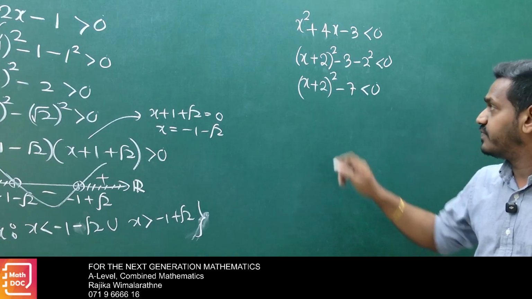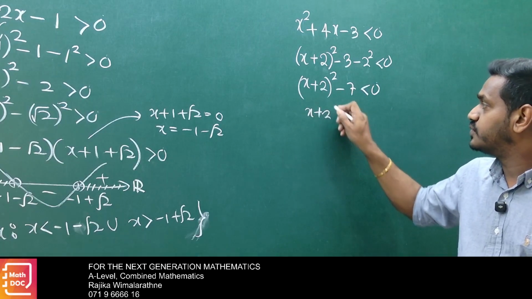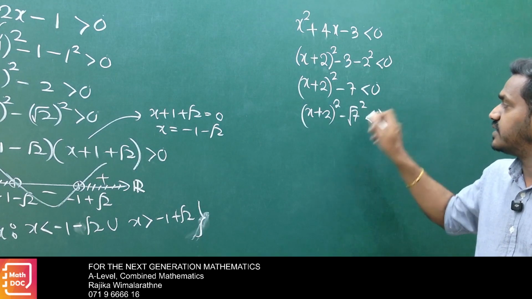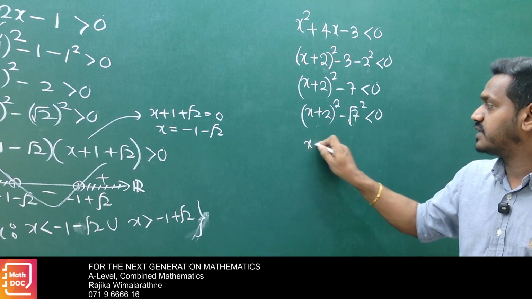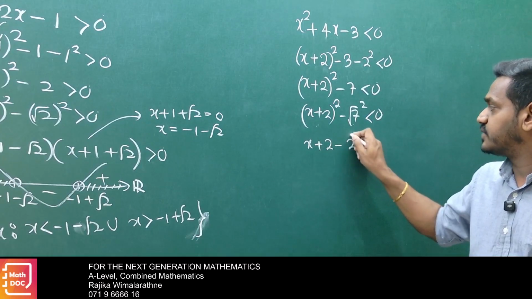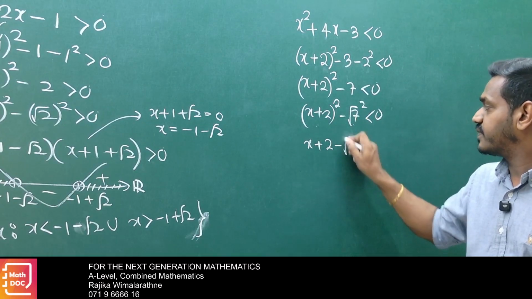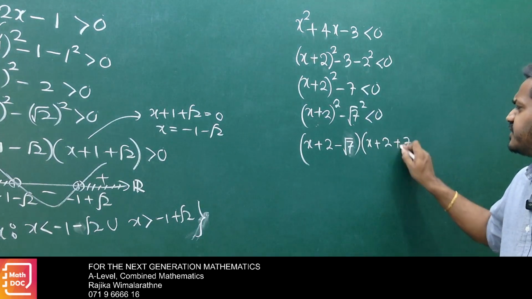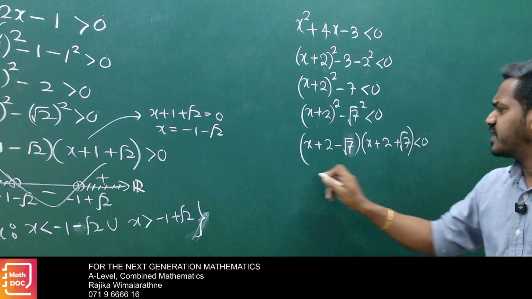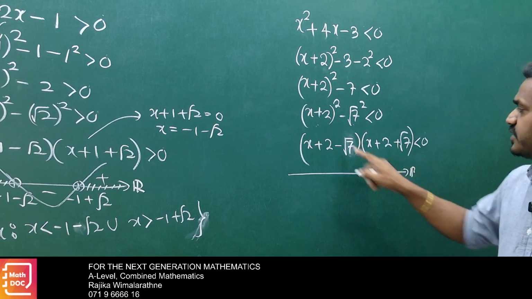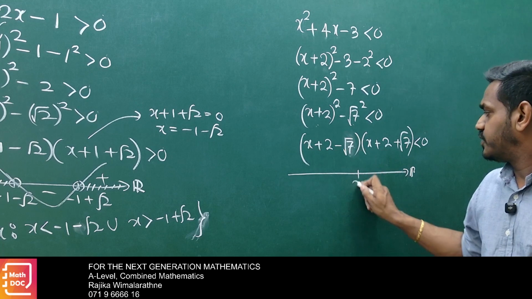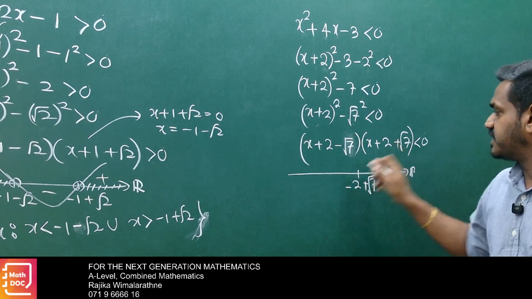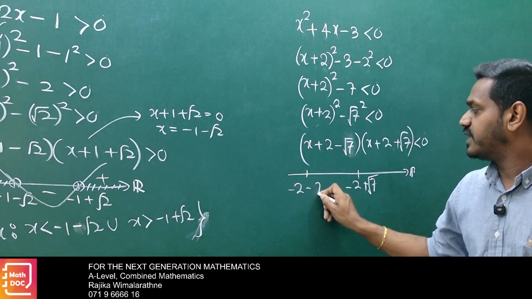Then consider less than 0. Then (x+2)² − (√7)² < 0. Now it is like a difference of two squares: (x+2−√7)(x+2+√7). Then here the factor zero value is −2 + √7, and here the factor zero value is −2 − √7.